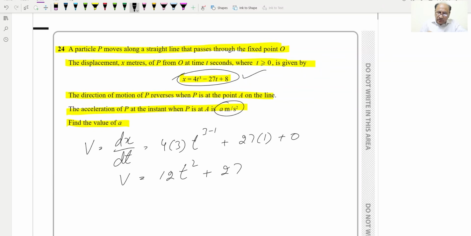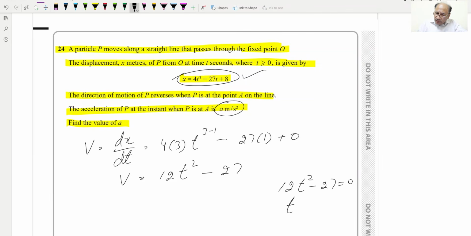Now, as we know that velocity is reaching 0 and the direction of motion reverses, so we can write 12t squared plus 27. Basically this should not be plus, it is minus in the equation. We have made a mistake, so I will rectify this, and this is equal to 0.